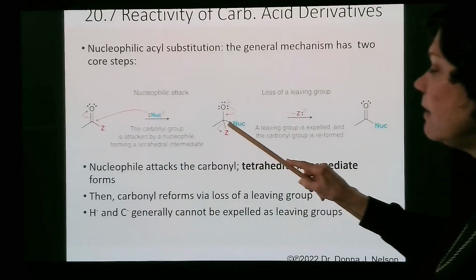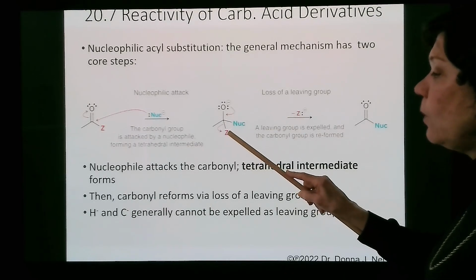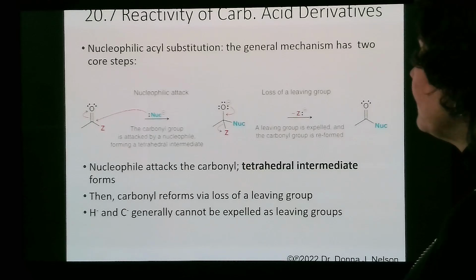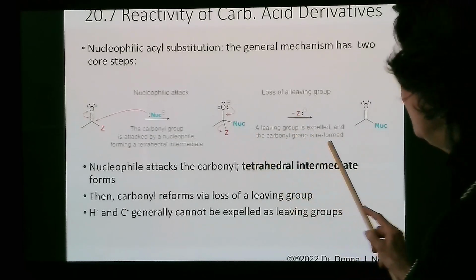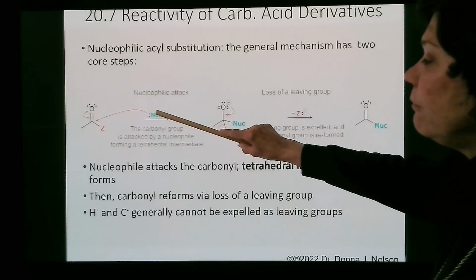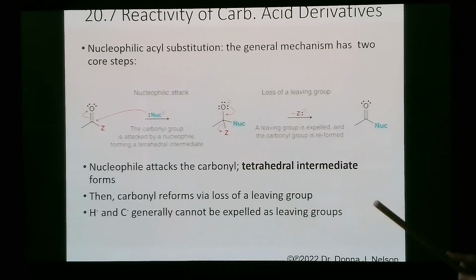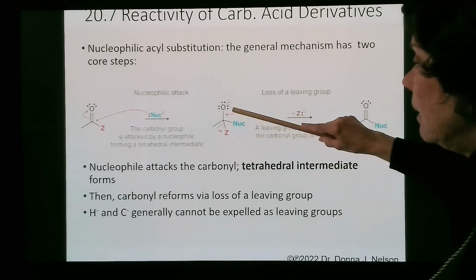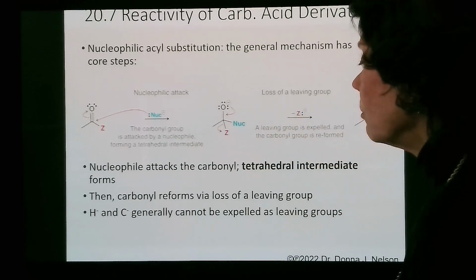Now you have the leaving group. Here we have a group that can function as a good leaving group, and so you have loss of the leaving group. The carbonyl is reformed, and so the nucleophile has been substituted for the leaving group. You see this tetrahedral intermediate. This is a true intermediate.